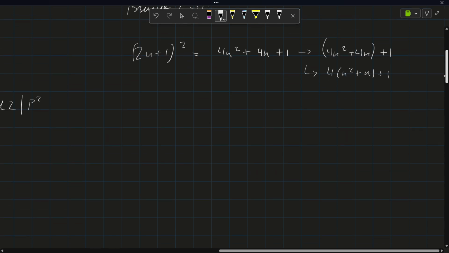But we wanted to prove that this should be divisible by 2, and not a set of the even integers.